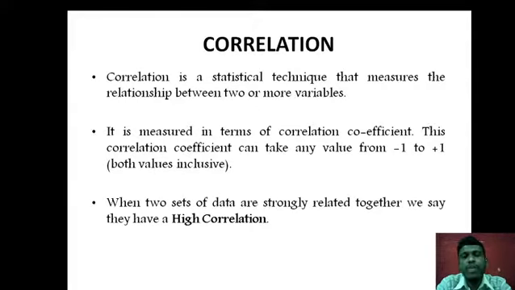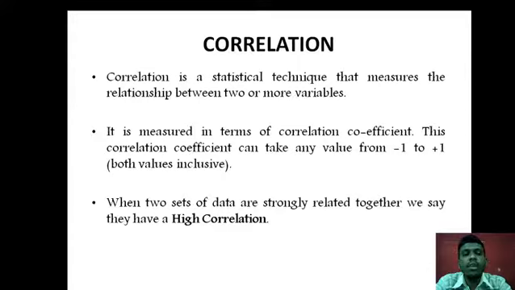Sometimes we may find that two variables are highly related to each other, and sometimes we find that two variables are not that much related. So how strong this relationship is between these two variables can be studied using a coefficient known as the coefficient of correlation, or correlation coefficient.